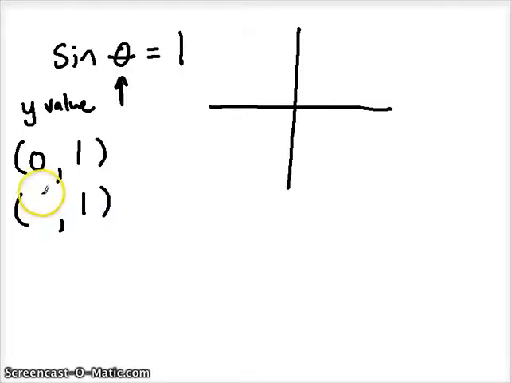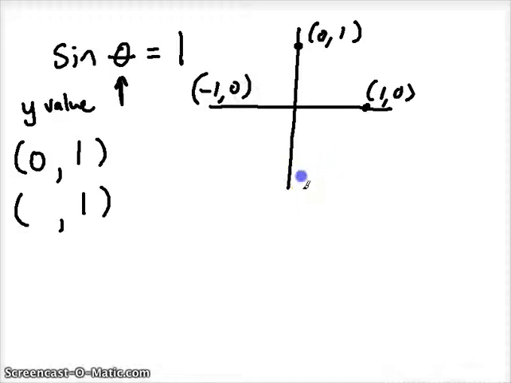That's about it, right? 0, 1. This would be 1, 0. This would be negative 1, 0. And this would be 0, negative 1. So there's really only one possibility, right?